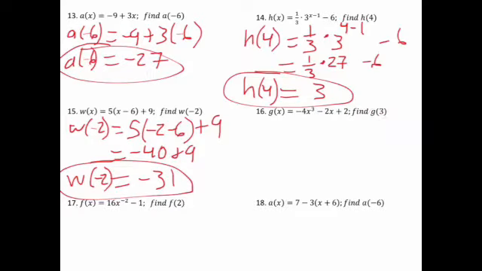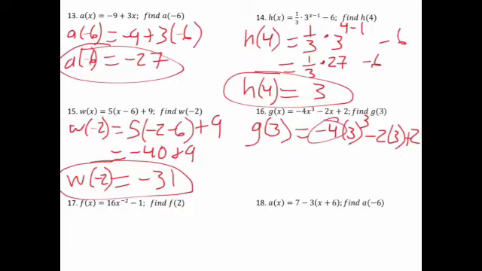Now we need to get g of 3. You got to put 3 where all the x's are. So you got to do negative 4 times 3 to the 3rd power minus 2 times 3 plus 2 on the end. Well, 3 to the 3rd power is 27.